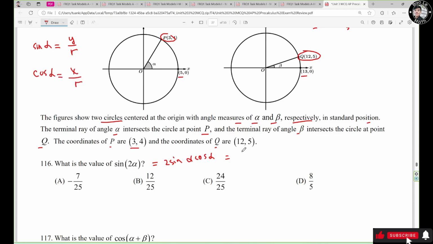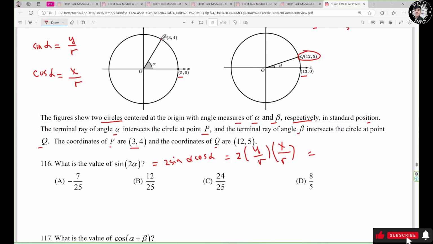So keep that in mind. We have 2 times sine alpha, which equals y over r, times cosine alpha, which is x over r. Now I substitute values: y means 4 right here.